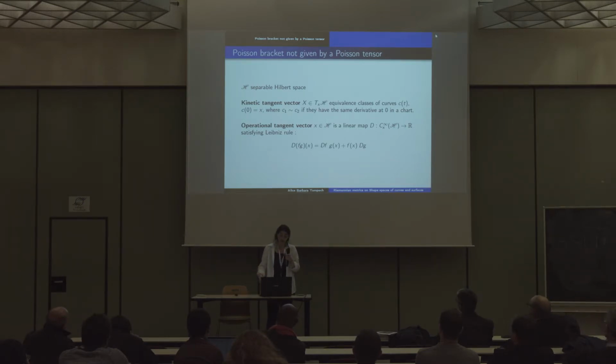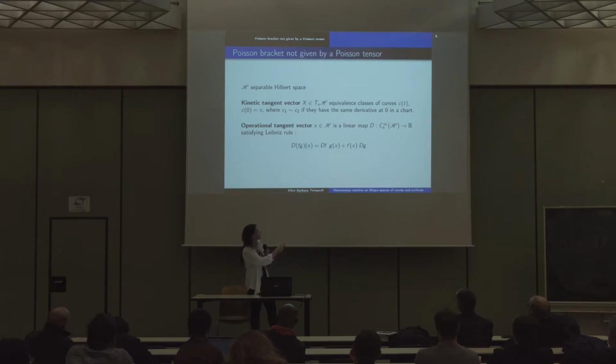But there are also operational tangent vectors, which are derivations. A derivation is a linear map on germs of smooth functions. This is what I have written, like C infinity of x.